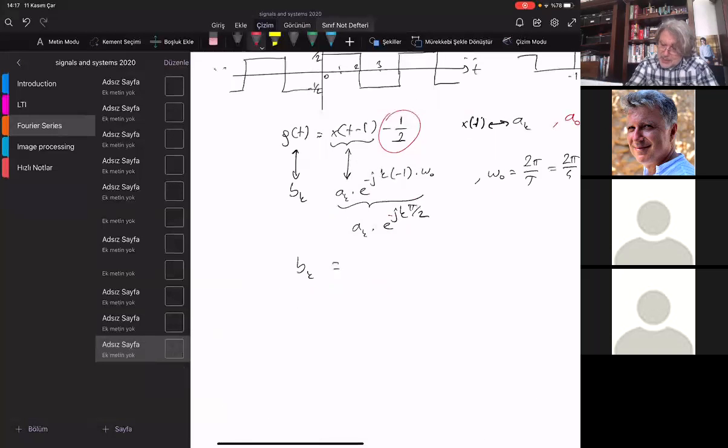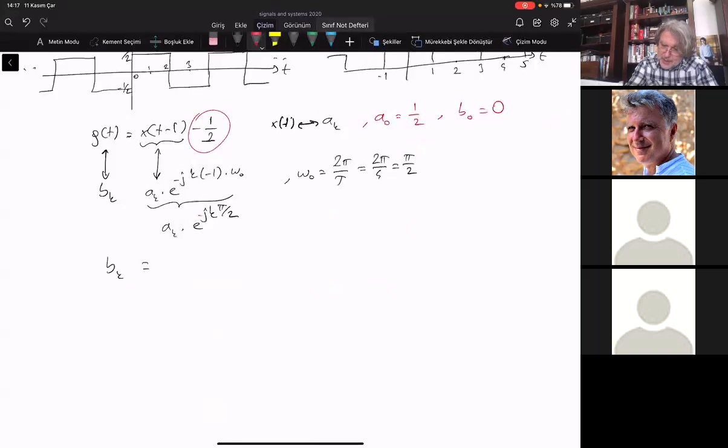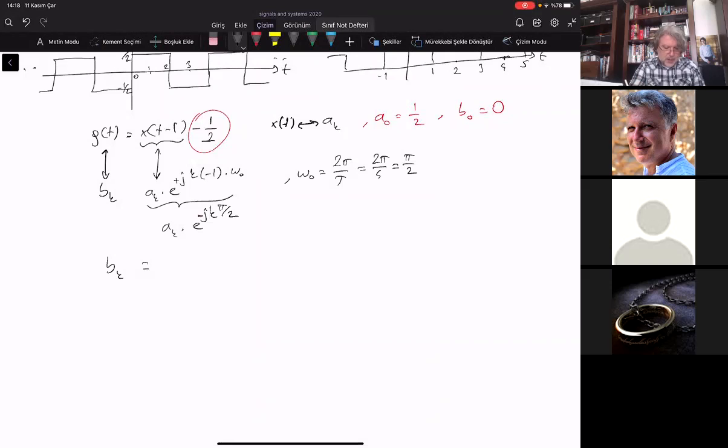So we have made a mistake at this point. It's actually this with a plus, and therefore this makes a minus sign here. But you will have these properties anyway in your hands, available in solving questions, so you shouldn't worry about these technical details. So this is the correct, now we understand. bk is equal to ak times e to the minus jk pi over 2.